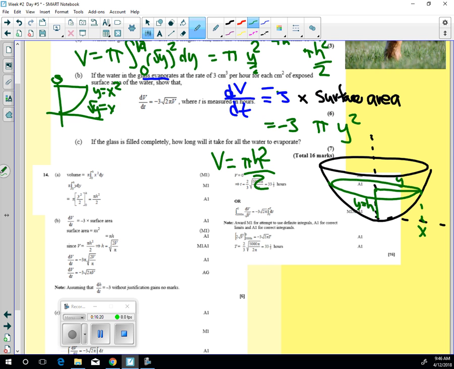Okay? So if we take 2V over pi, we're going to get h squared. Now y is the height, so this is h squared.